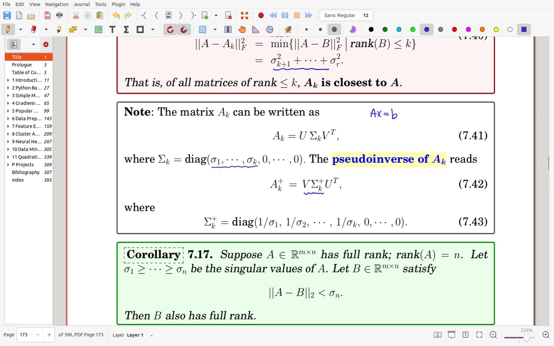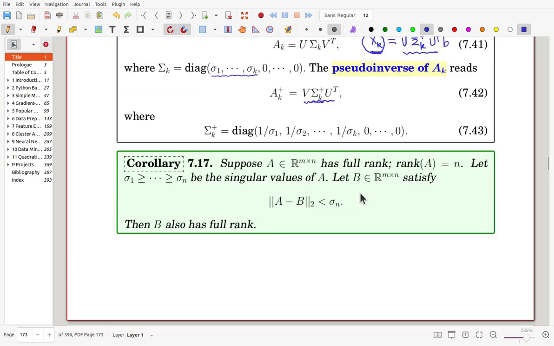Then you may use such a pseudo inverse to get x_k, which is V, sigma_k plus, U transpose, and b. That is along with the truncated matrix, a sort of pseudo inverse of A_k, and you can get some solution. And sometimes this solution is way better than the original x. So you can use it at least for solving a least squares problem.